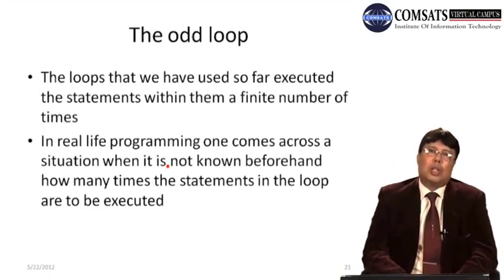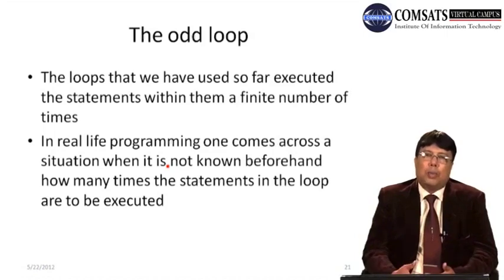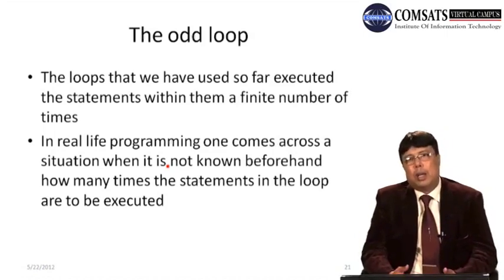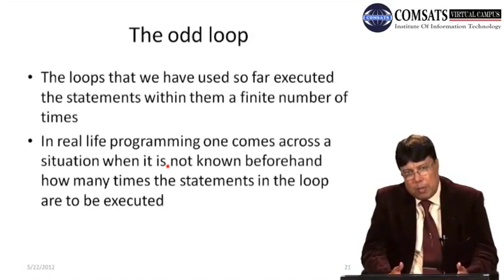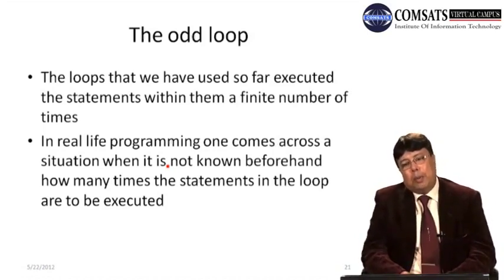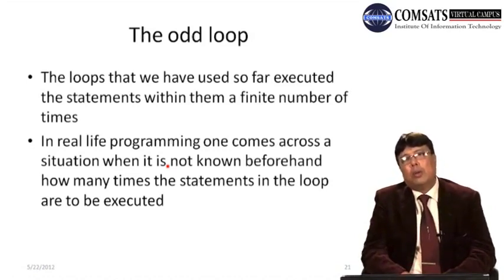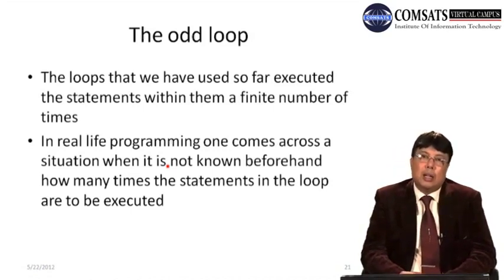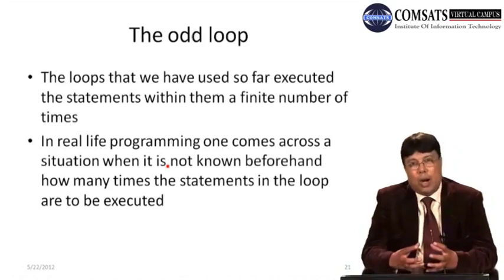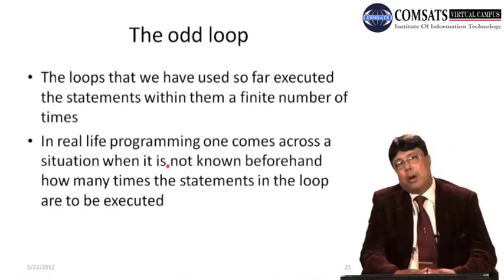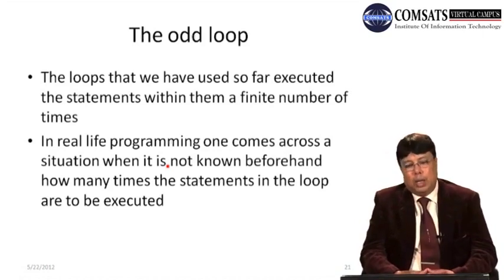But there are real-time situations where the loop is to be executed an unexpected number of times, depending upon the situation, depending upon the data. For that purpose, the loop can be terminated even without executing the body of the loop. So it is basically the loop variable which you are testing in the testing part of that particular loop.